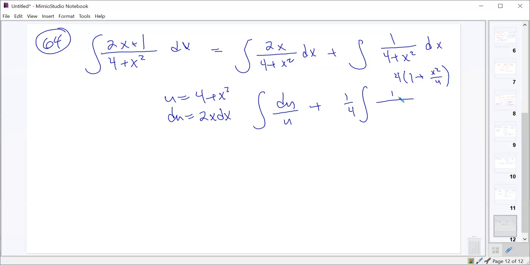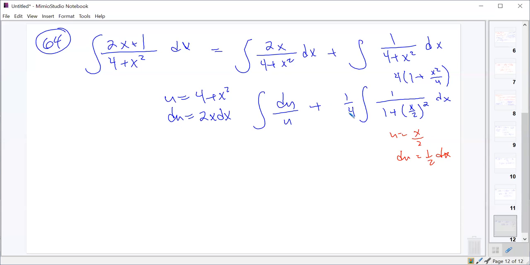So 1/4 of the integral of 1 plus x over 2 squared dx. And so for this piece of it, we'll just let u equal x over 2. And then du will be 1/2 dx. And we've already got part of the 1/2 there.